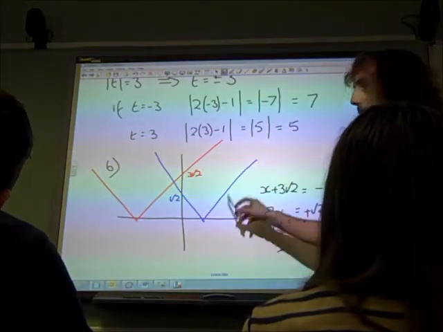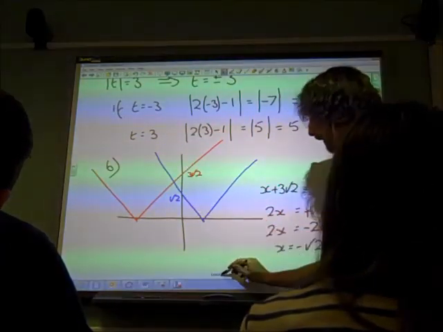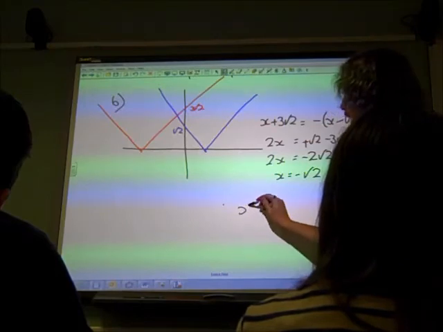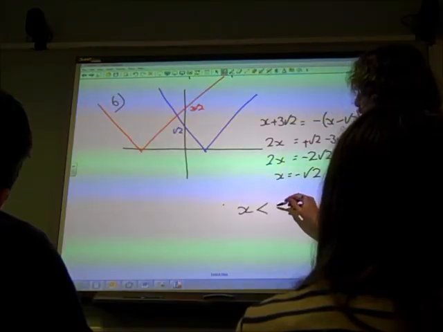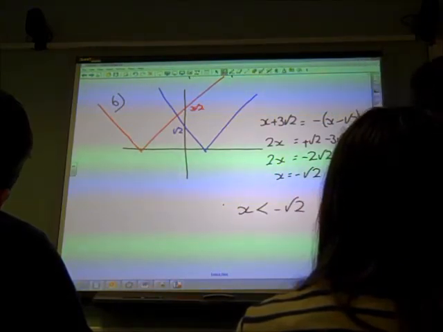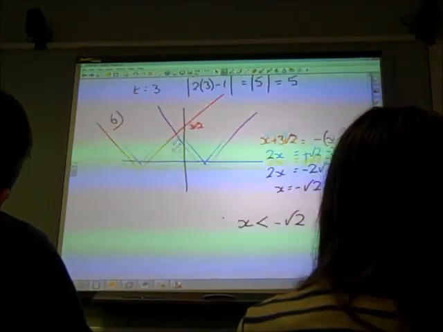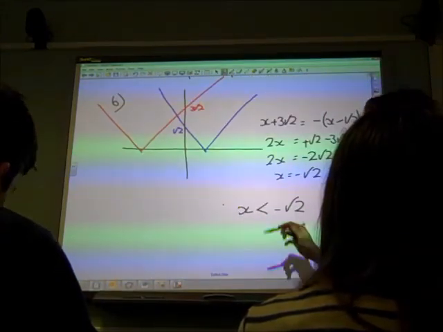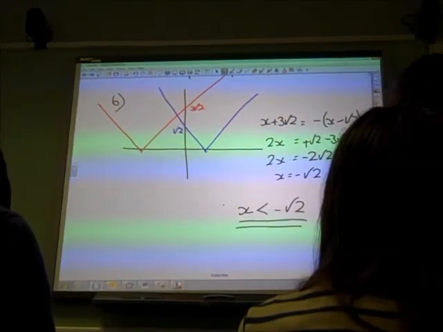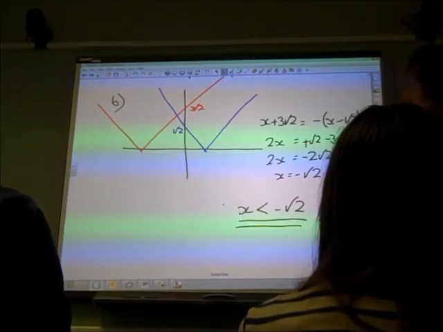To the right of it, the red one is above the blue one. So our answer is x less than minus root 2, and it was a less than one we wanted. There is our answer. And that was 4 marks.